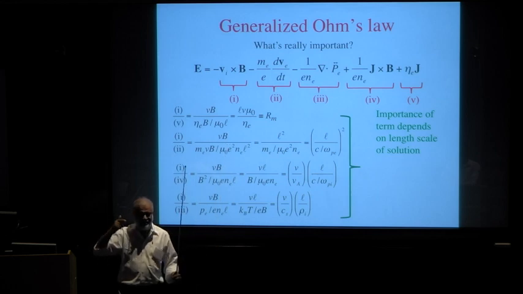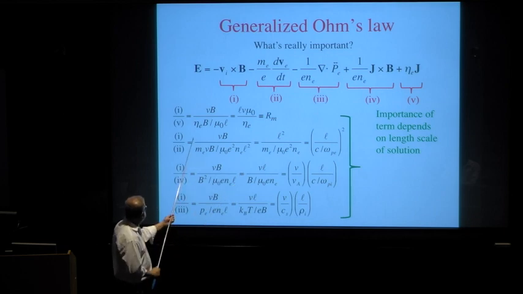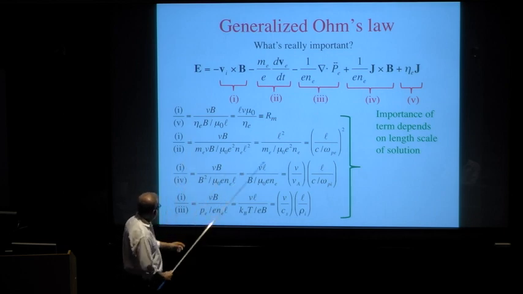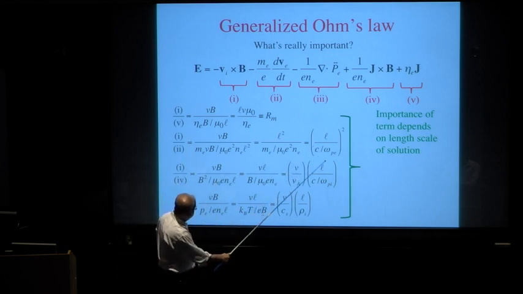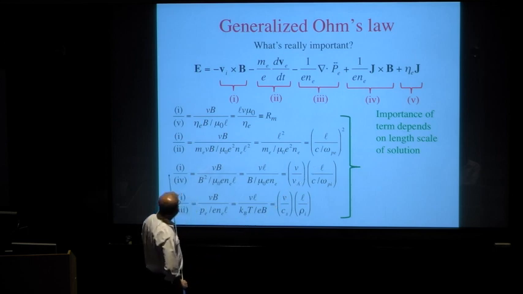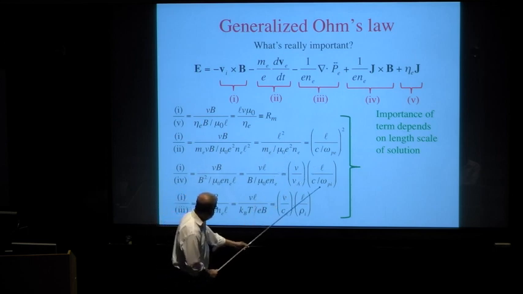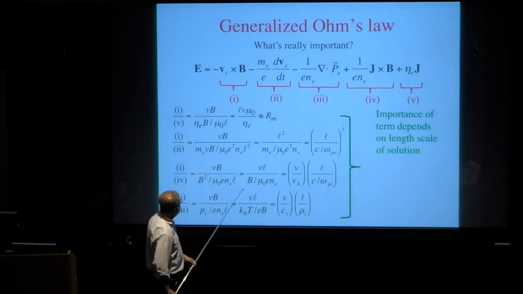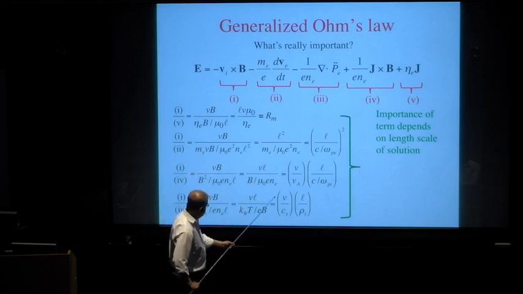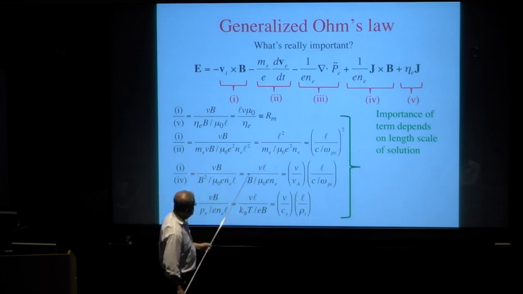So think of S as a special case of R_m. It's the magnetic Reynolds number. 1 to 2 is this ratio, system size over the electron skin depth. 1 to 4 is the ion skin depth. And 1 to 3 is this L over rho_i.